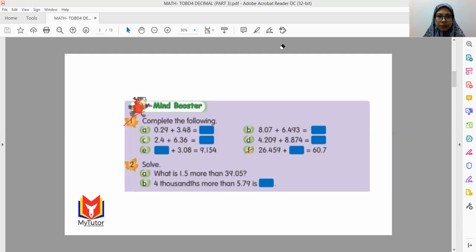All right. So we have 60.7. I think I'm going to change to black color, so it doesn't hurt the eyes. We have 60.7 minus 26.49.